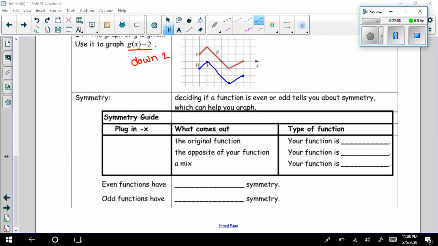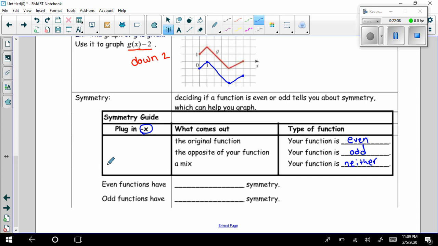And this next part is something we'll talk about. I'll let you know if it's on the test for sure or not. If your original function is even, then the opposite of your function is odd. And a mix of your function is neither. All right, tells you if you have symmetry.